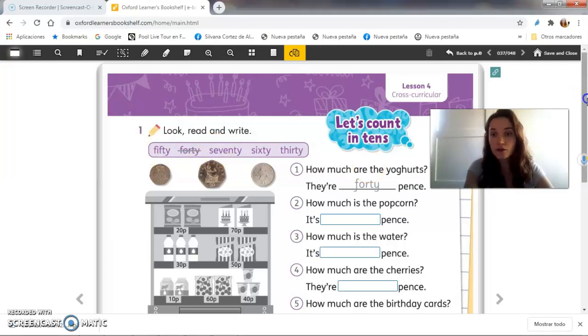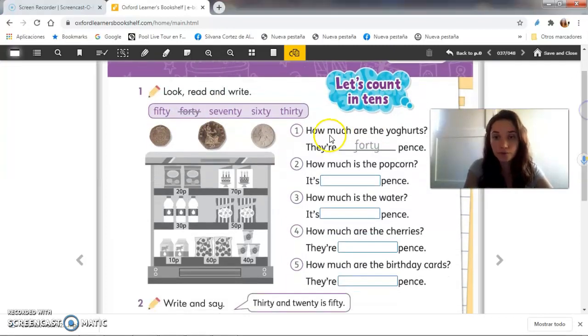So, for example, number 1. How much are the yogurts? ¿Cuánto salen los yogurts? They are, si nos fijamos en los yogurts, 40. Where are? Here. They are 40 pence. Salen 40. Yes, 40 centavos.